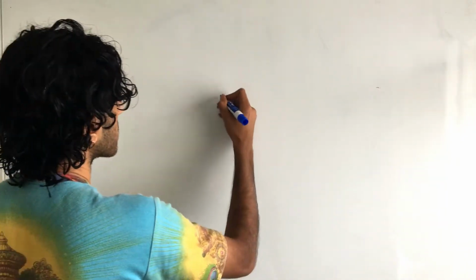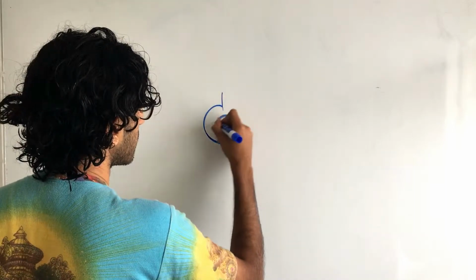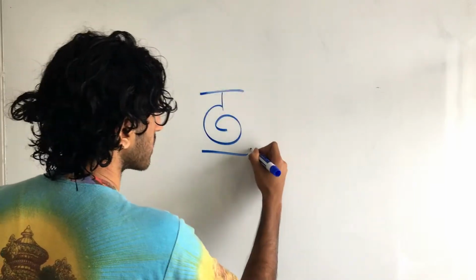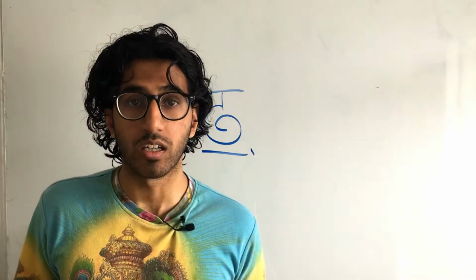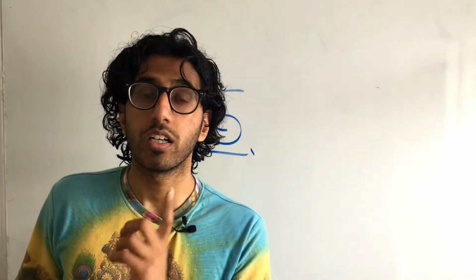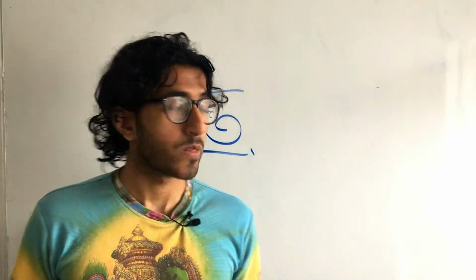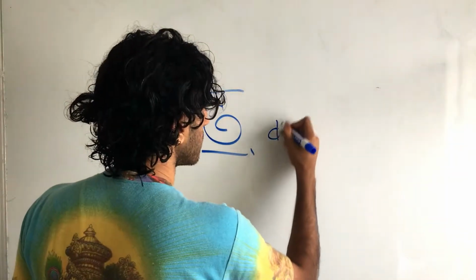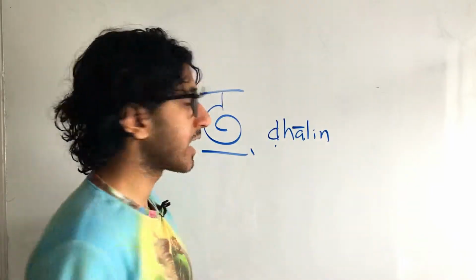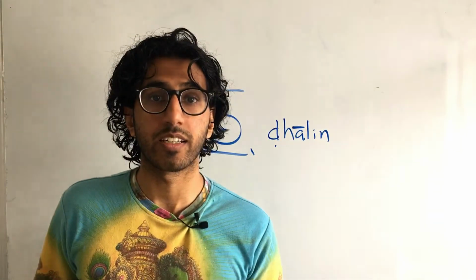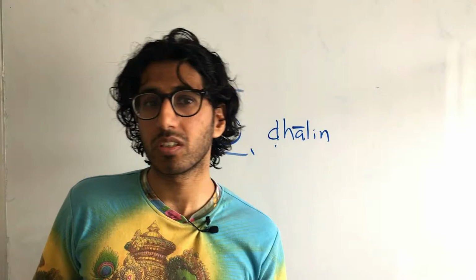And then we have the sound here, which is dha. So we had da, and this is dha. For example, we have the term dhalin, which means one who has armor.